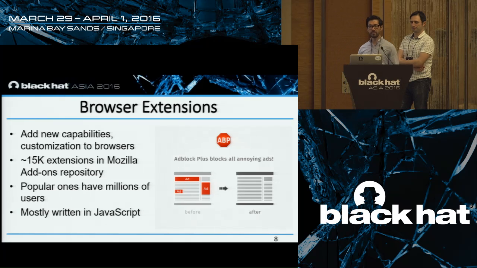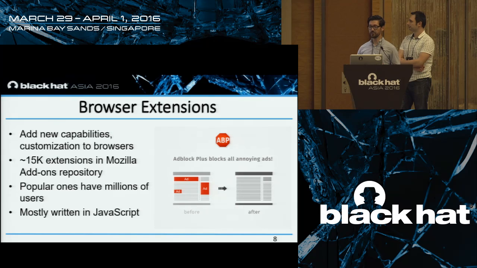And if you look at popular instances of these extensions, you'll see that many of them have millions of users. So there are significant user populations that are using extensions, and if these extensions are buggy or malicious, there are significant amounts of users that could be exposed to attacks. The final thing I'll say in this first slide is that, at least for Firefox, the vast majority of these extensions are written primarily in JavaScript, not always.